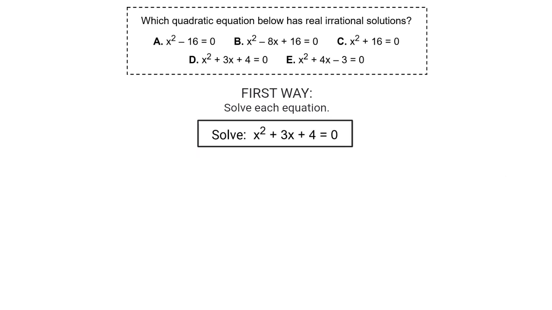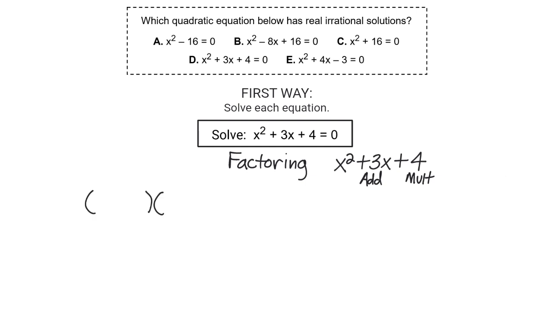Now let's look at this equation. First thing I'm going to do is I'm going to try to factor it. x squared plus 3x plus 4. That means I need two numbers that multiply to positive 4 and add up to positive 3. So to get x squared, I need x and x.